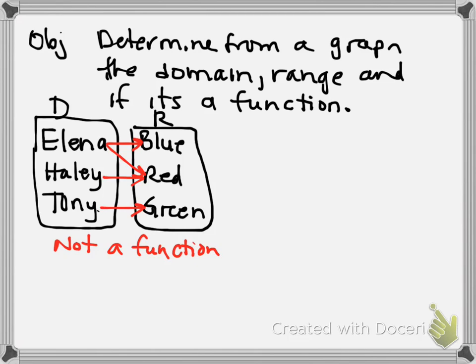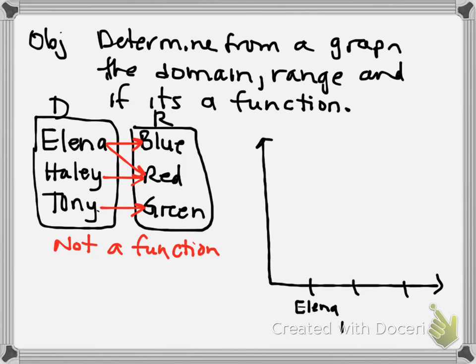Now, I'm going to graph this, and this is going to be, again, kind of an interesting graph because I only have one quadrant I'm going to look at. So we had 3 kids involved. We had Elena, we had Haley, or Hallie, and then we had Tony. And then we had 3 colors involved.